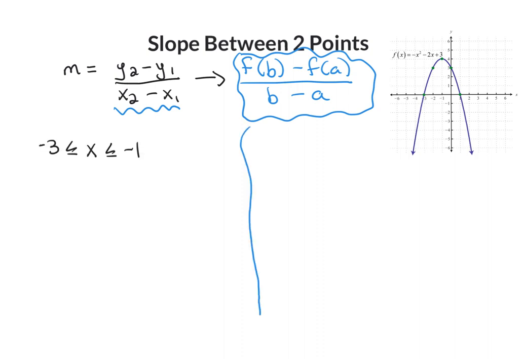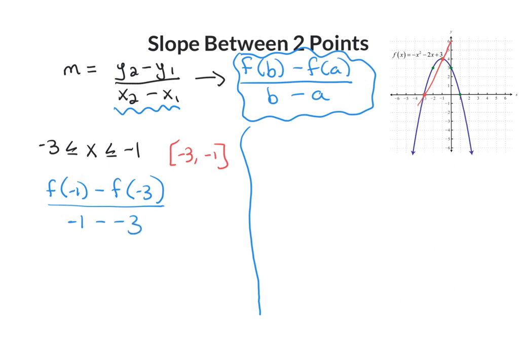So let's find the average rate of change from -3 to -1. That's that same secant line that we've already drawn. And another way to do interval notation is from -3 to -1. If we're going to formally show our work, we're going to look at the function at -1 minus the function at -3 over -1 minus -3.